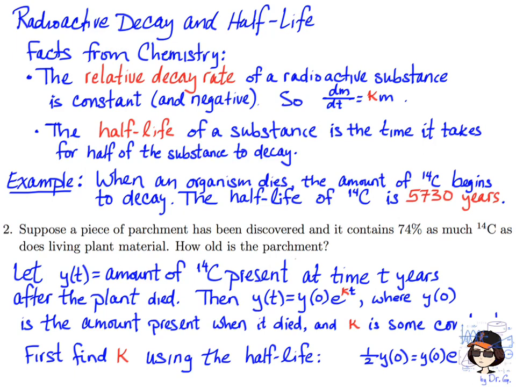So we plugged in 5,730 for t, and we set y of t equal to half of the original amount. That's what 1/2 y of 0 means, half of the original amount. So we're going to try to solve this equation for k, and then we'll have our function.